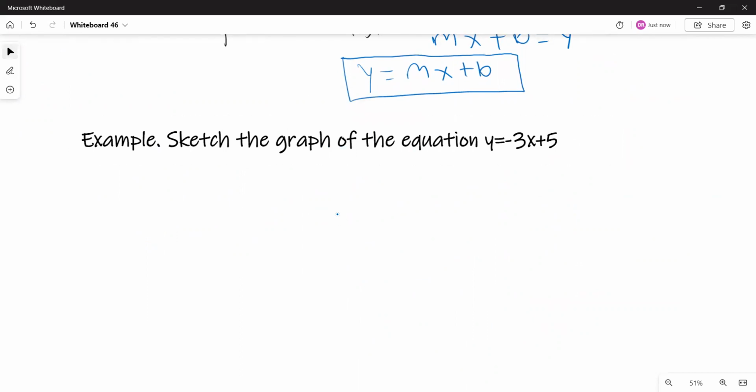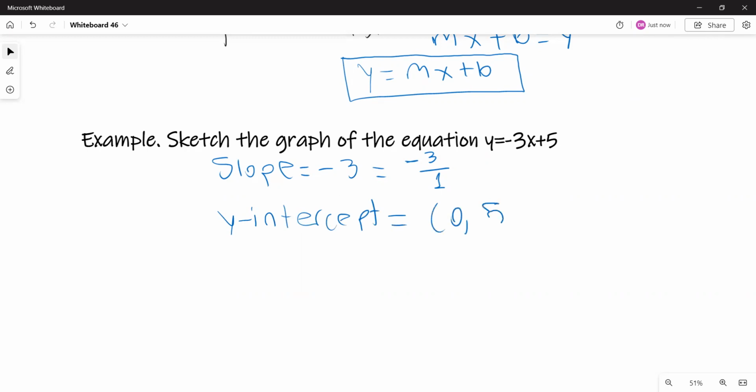Okay, the slope is -3, or you can see it as -3/1. So as the line runs 1 unit, it falls 3 units. If it runs 1 unit back, it's going to rise 3 units. And the y-intercept is (0, 5). If we compare to the equation above, b is 5 and m is -3.